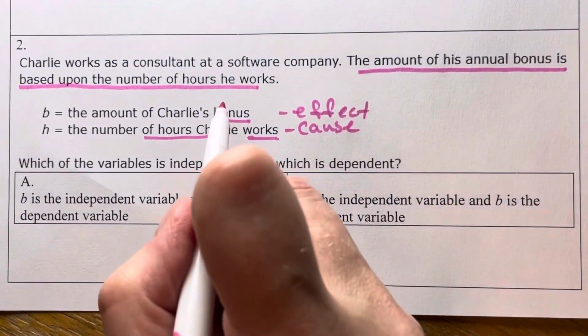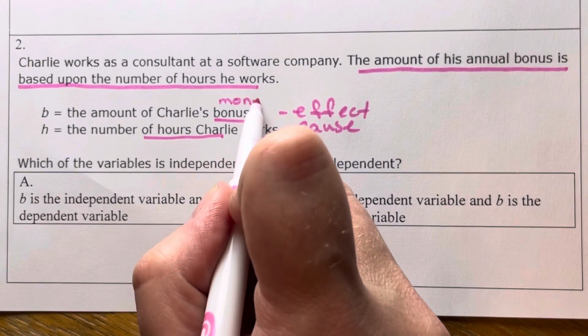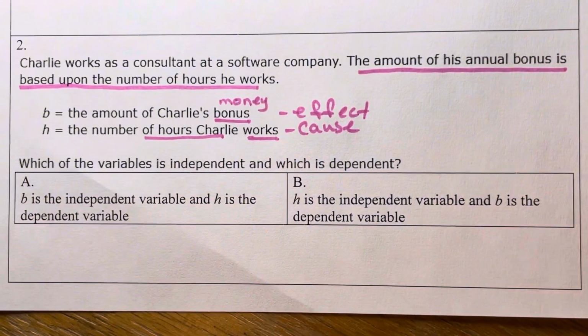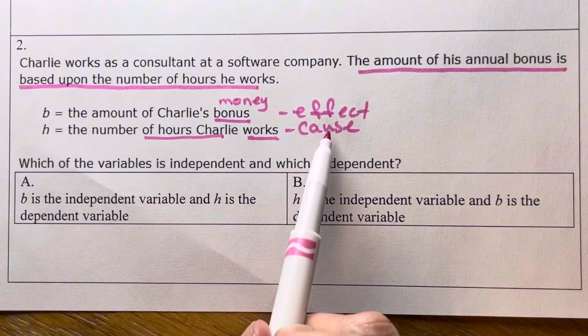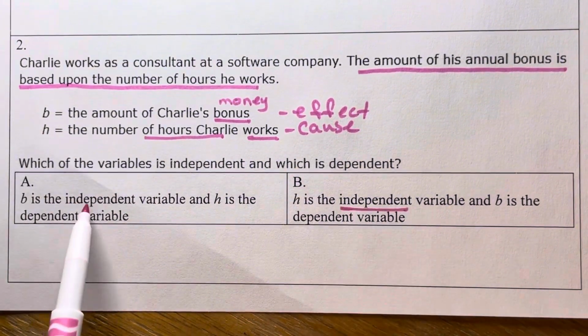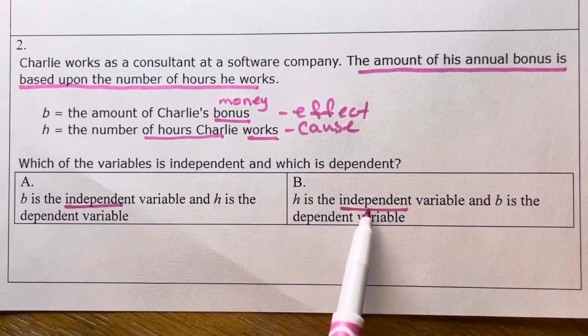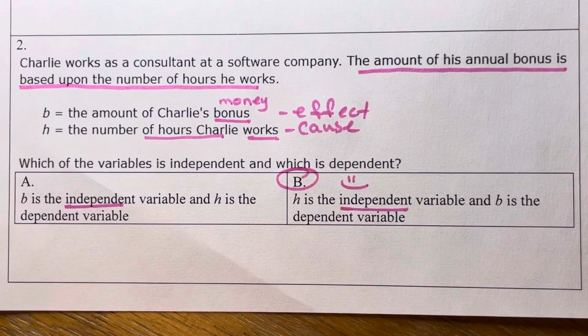Because we know that this bonus is what we're all after when we work longer hours. Since the hours is what he worked and hours is H, then hours is our independent variable. Answer B. And there you go.